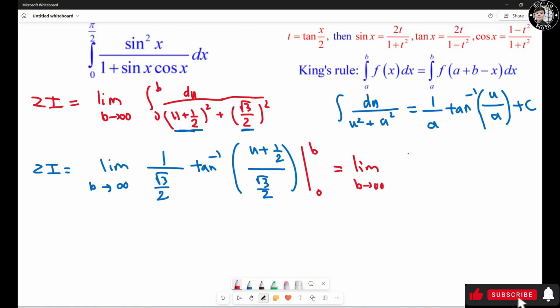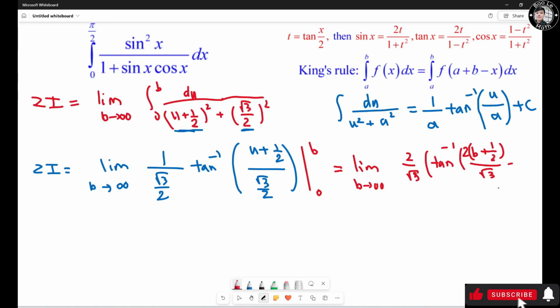This turns out to be 2 over root 3, times tangent inverse of, substituting b over here, b plus 1/2 over root 3 over 2. Root 3 over 2 turns out to be 2 over root 3, so I multiply this by 2 over root 3.